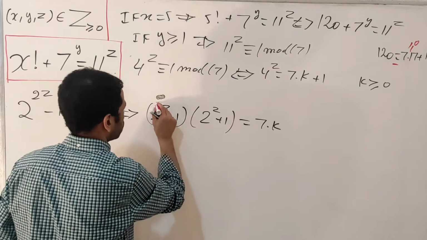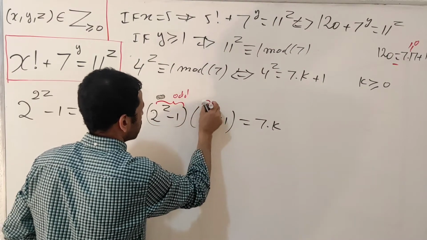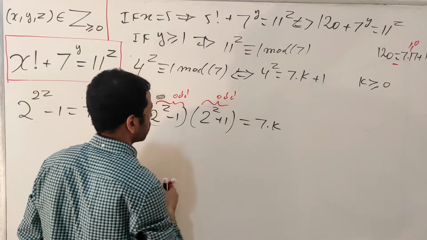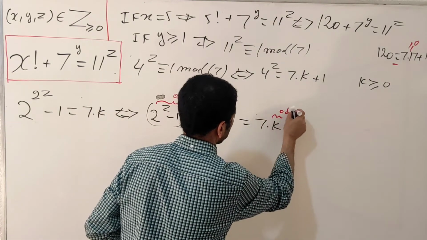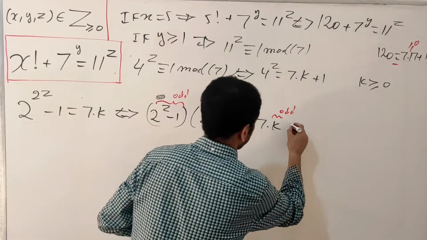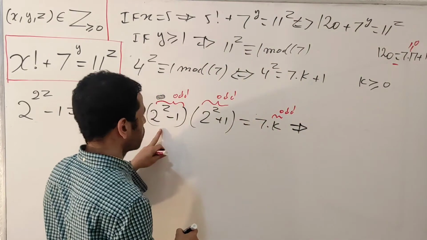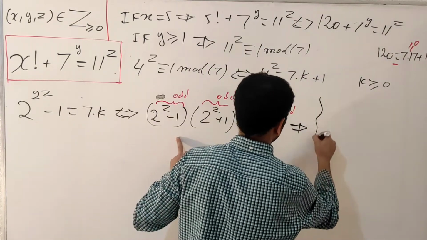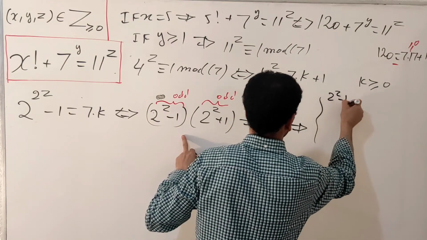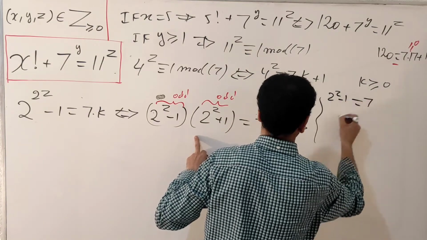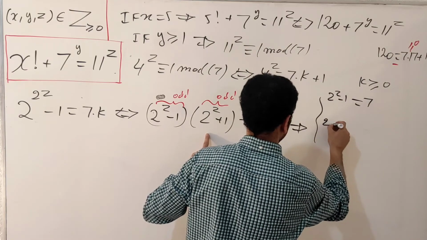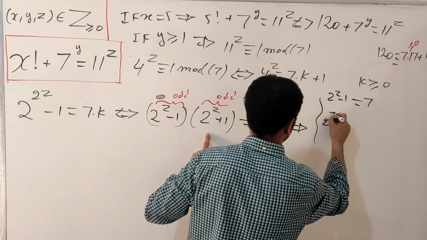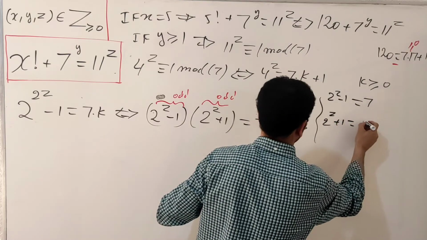As we know, this term is odd. This one also is odd. So this product must be odd. This means k must be odd. So this is telling us I will have 2 possibilities. I will have 2 to the z minus 1 equals 7 as the smaller number, and the other equation will have 2 to the z plus 1 equals k.